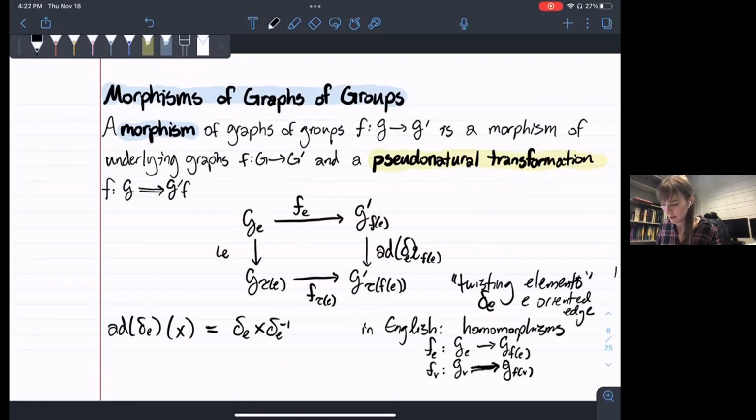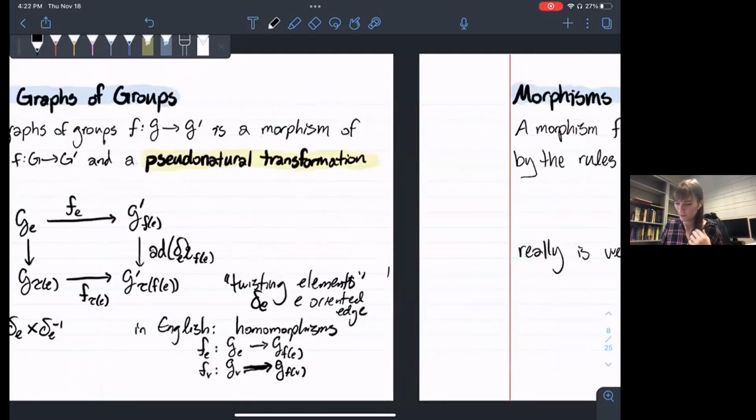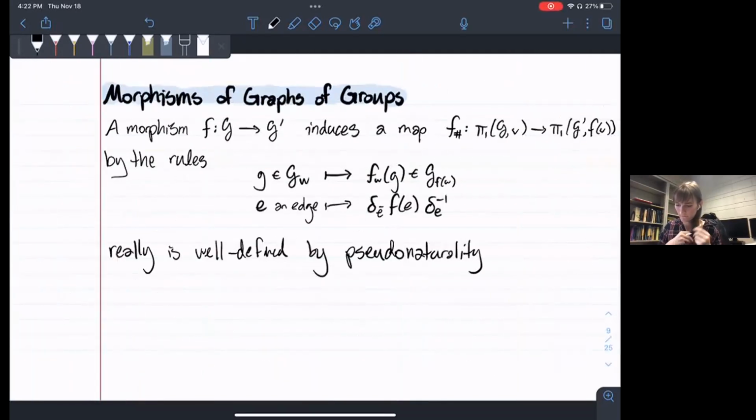I'm going to give you a way to think about these twisting elements in just a second.